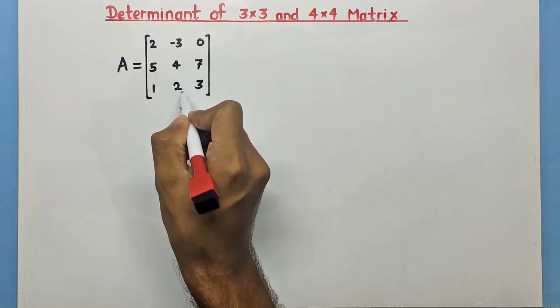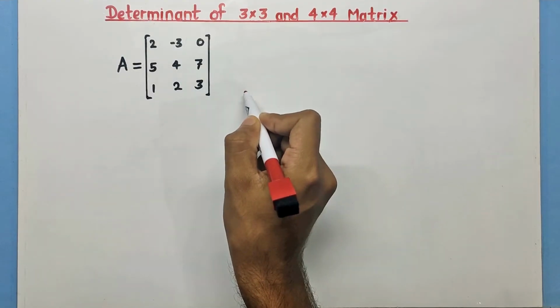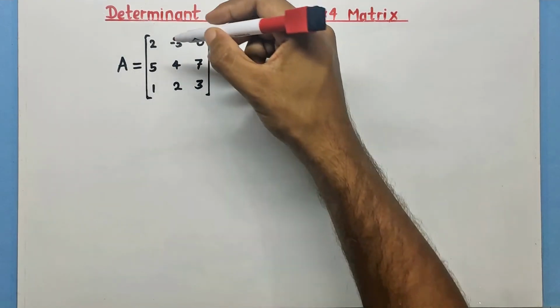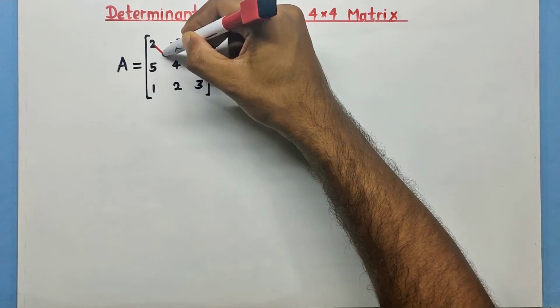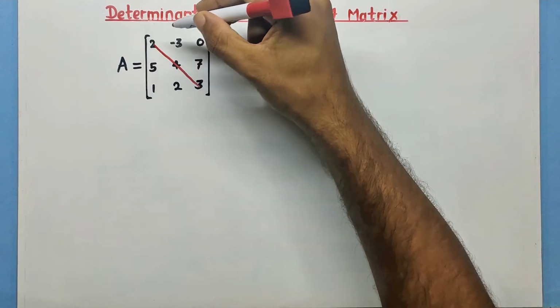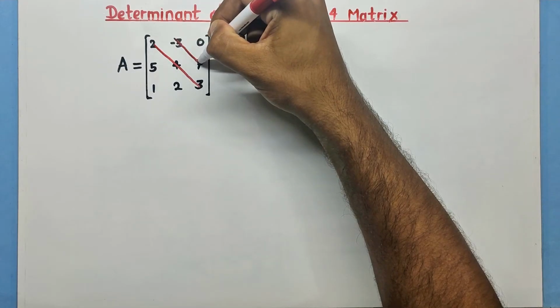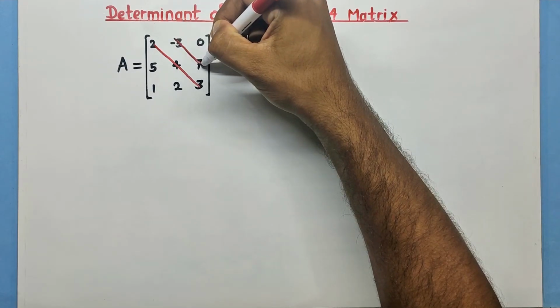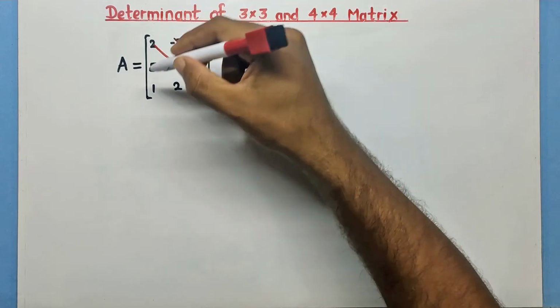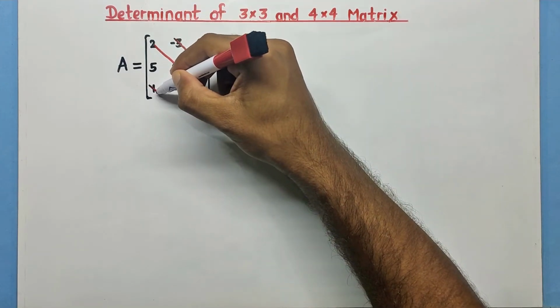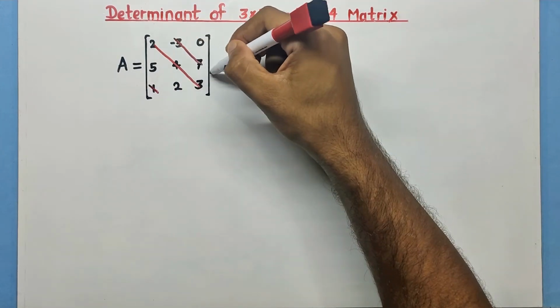Instead of copying these two columns over here, to save work time, what you could do is multiply the elements in the main diagonal, then the elements in the next diagonal that are -3, 7, and to get the third element, you could come all the way to this one. So this will be our third element in this diagonal.